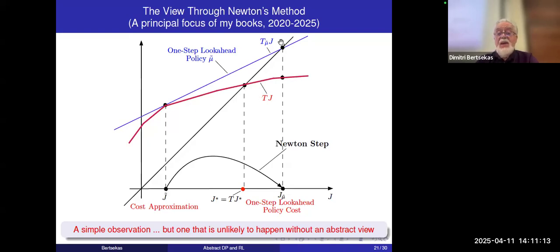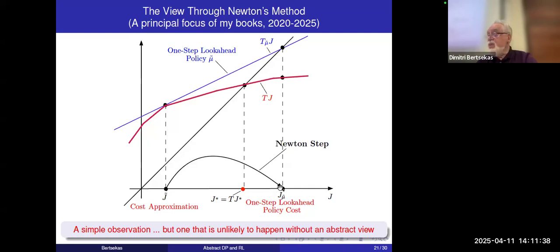And then the cost function of that policy is precisely at the intersection with a 45-degree line, and it's this point here. So what do we do to get from J tilde to J mu tilde? Well, it's a Newton step. We linearize the red mapping at J tilde, solve the linearized problem, and there it is. So that's the Newton step.